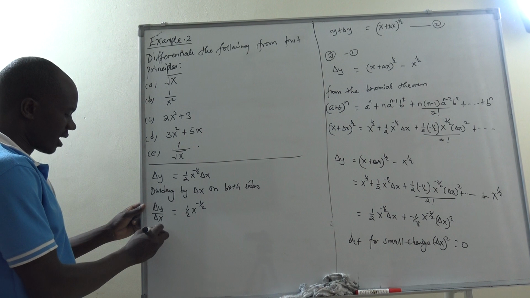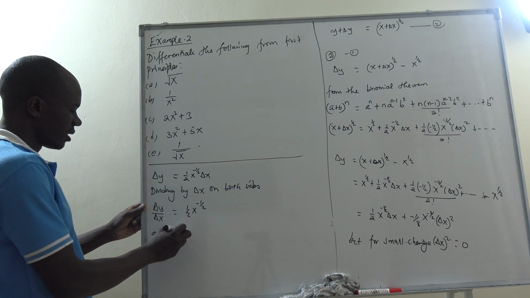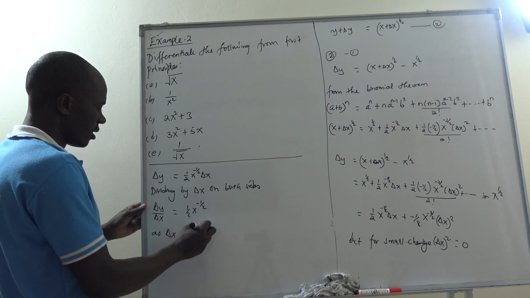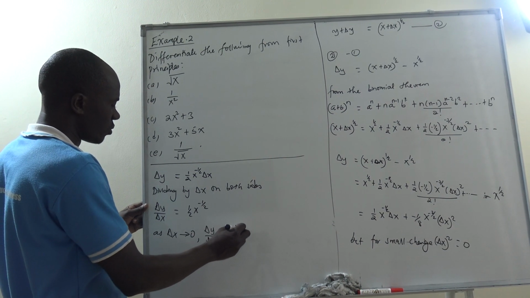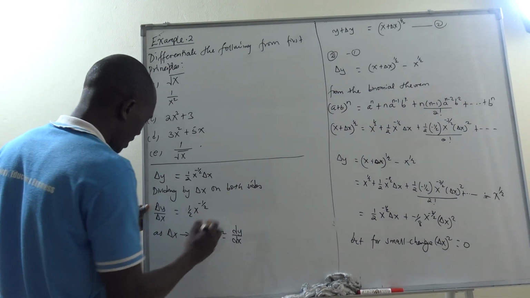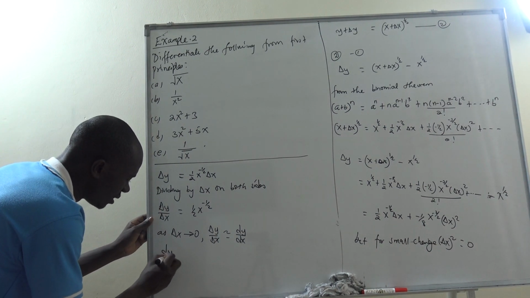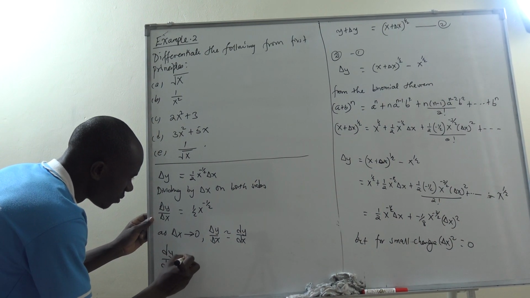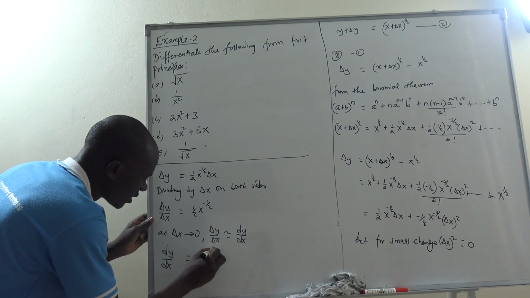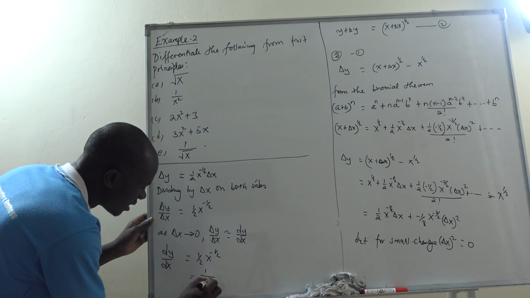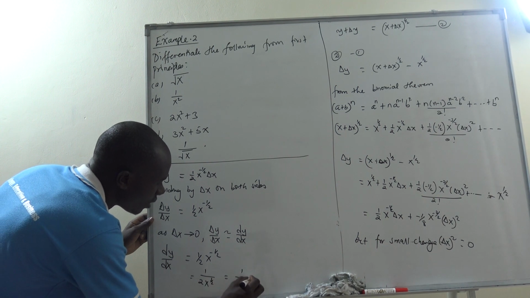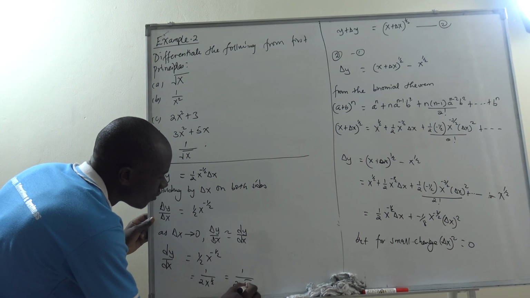Then you can say as delta x tends to 0, delta y over delta x is approximately equal to dy dx. So what does it become? It becomes dy dx, which is equal to a half x power negative a half, which is the same as 1 over 2 x power half, which is the same as 1 over 2 root of x.